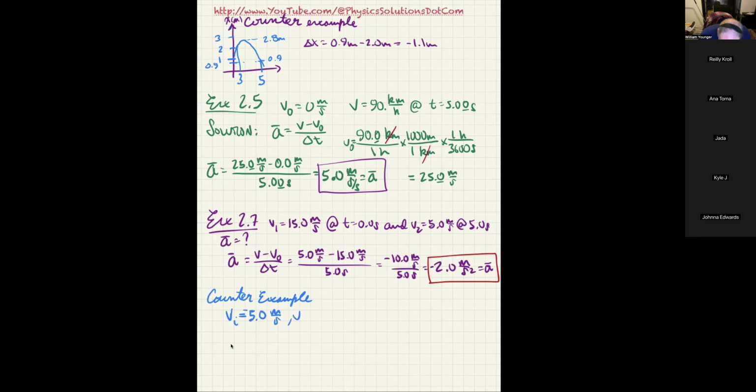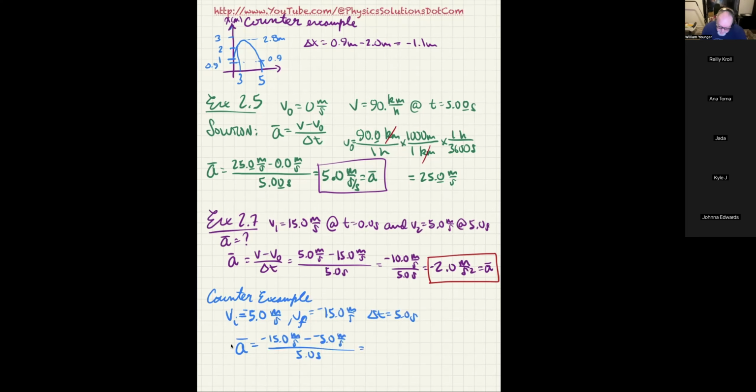The final velocity is going to equal negative 15.0 meters per second, and delta t is still going to be 5.0 seconds. So a bar is equal to negative 15.0 meters per second minus negative 5.0 meters per second, divided by 5.0 seconds.